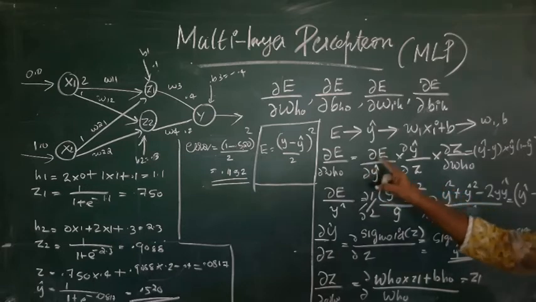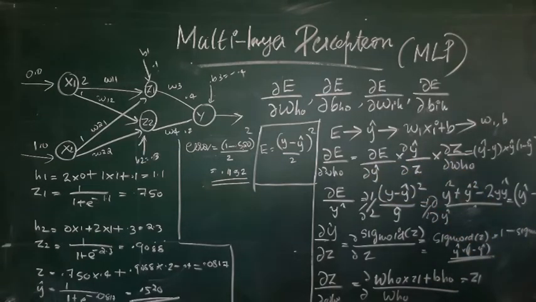So we got the values of all these three components in the chain rule. So similarly, you have to find it for bias. Okay. So when it comes to bias, you should know that this quantity will be the bias instead. Okay, isn't it?